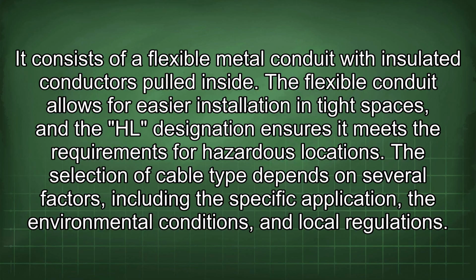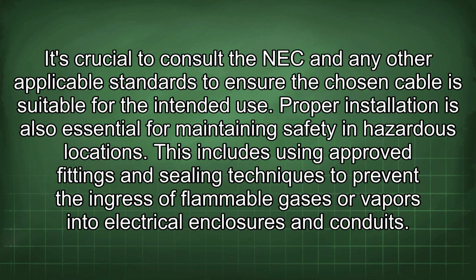The selection of cable type depends on several factors, including the specific application, the environmental conditions, and local regulations. It's crucial to consult the NEC and any other applicable standards to ensure the chosen cable is suitable for the intended use. Proper installation is also essential for maintaining safety in hazardous locations.